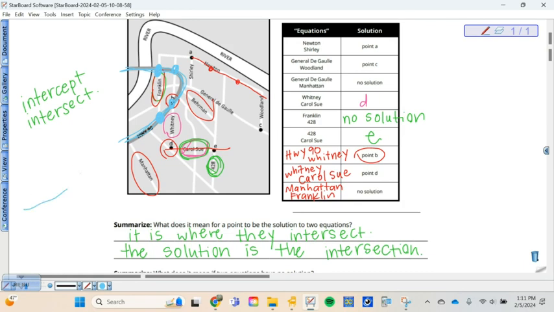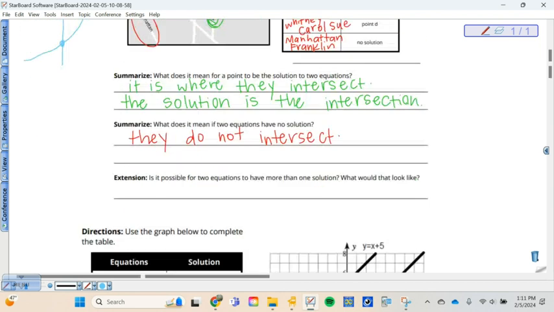So the only way to have two roads intersect more than once is one road needs to be curved. At least one road, both of them could be. One road must be curved.